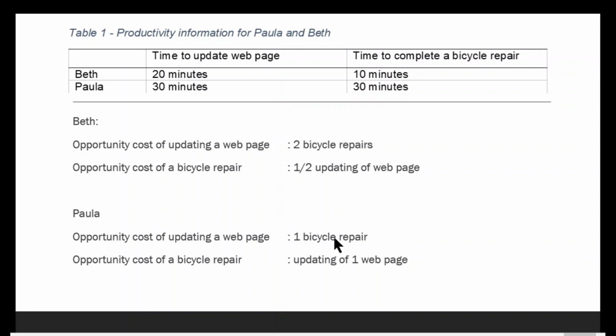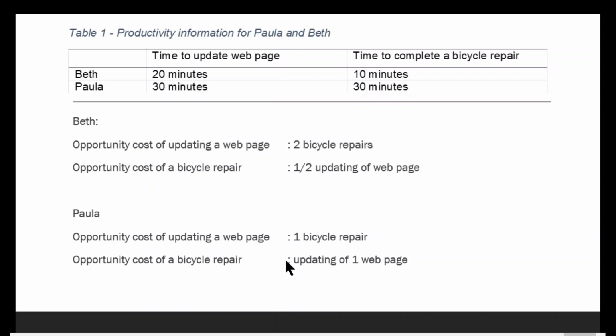Because she will only lose one bicycle repair compared to Beth, who would lose two bicycle repairs. Meanwhile, for the opportunity cost of a bicycle repair, Beth will lose half of the updating of a web page.